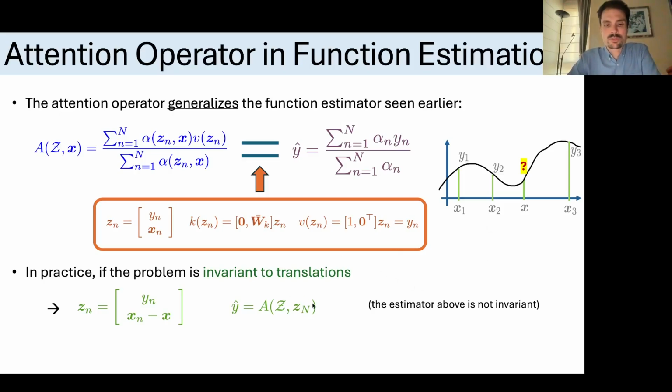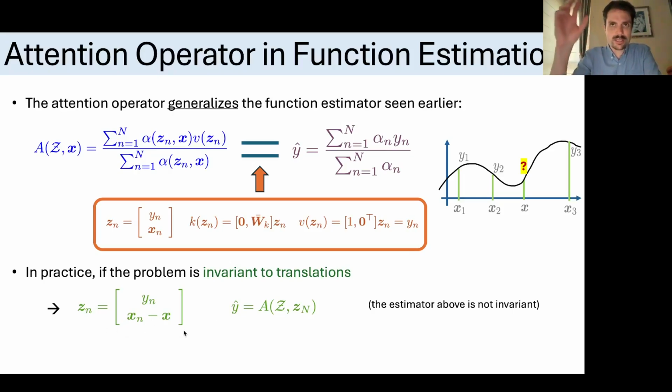It is desirable in many problems to ensure invariance to translations, and fortunately, it is easy to achieve this here if we just subtract the evaluation point from the observation point.